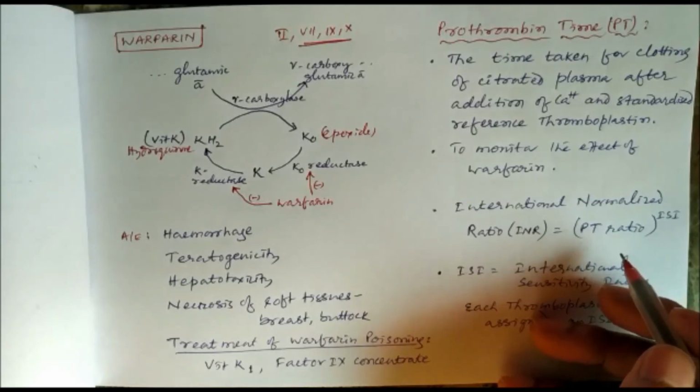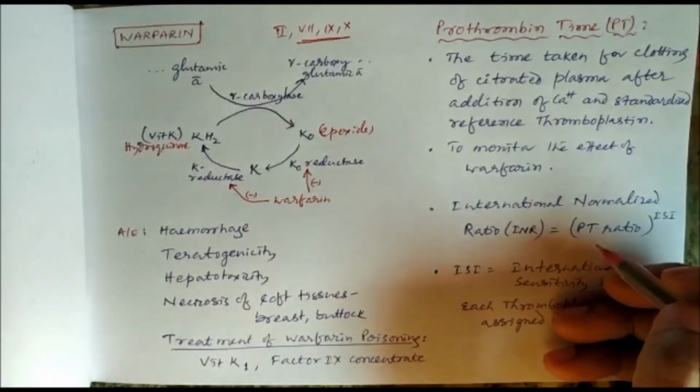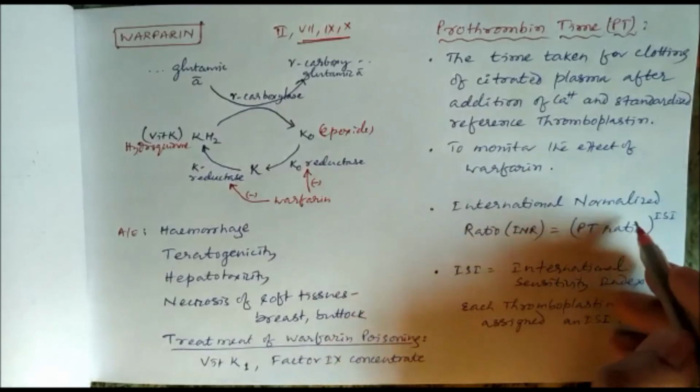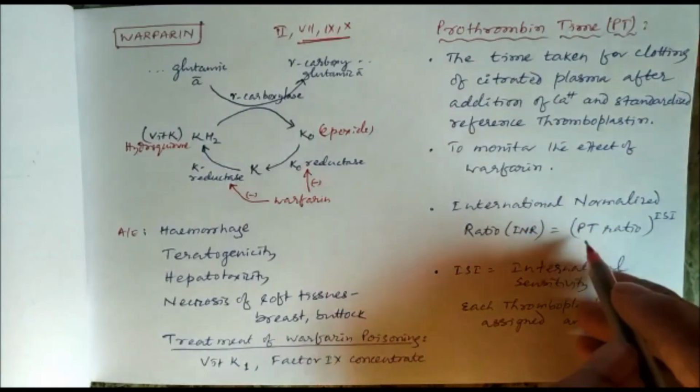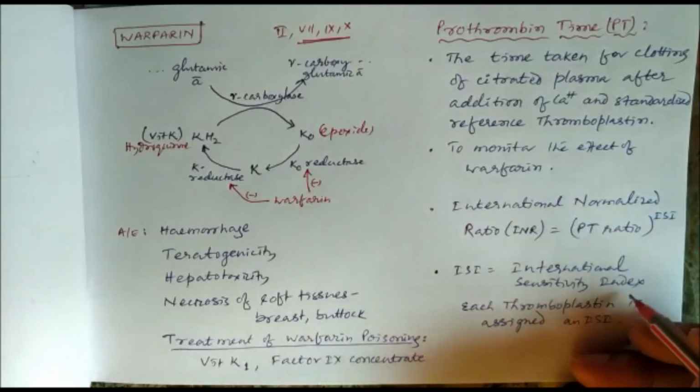So a pool of plasma will be collected from healthy subjects who are not on any medication, and that will be your normal prothrombin time. Then you have the patient prothrombin time. So the patient prothrombin time divided by the normal prothrombin time is your PT ratio.